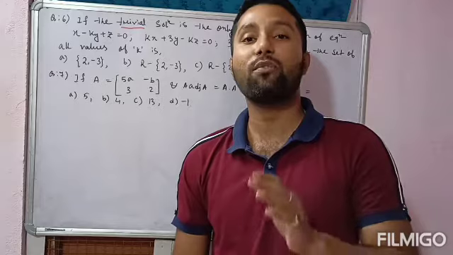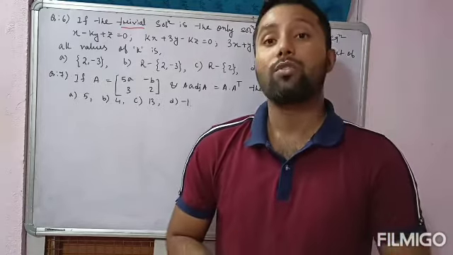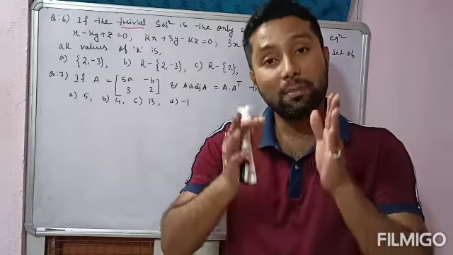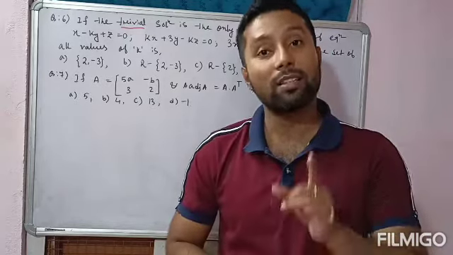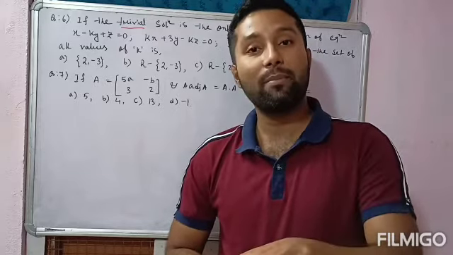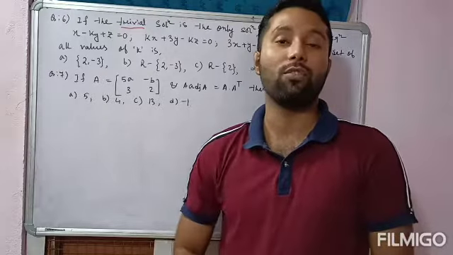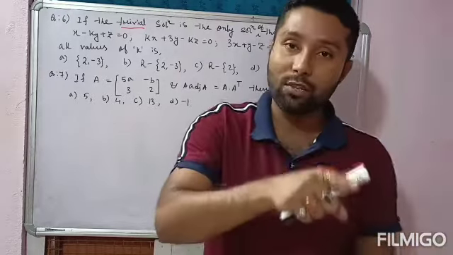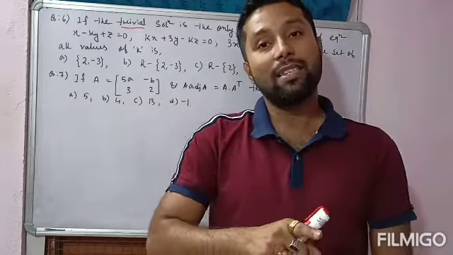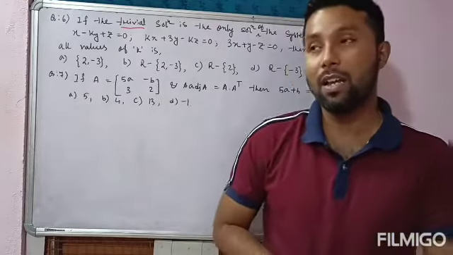If the determinant of A is not equal to 0, then it is called a non-singular matrix. So trivial means the determinant of that matrix is not equal to 0, whereas non-trivial means the determinant of that matrix is equal to 0. Non-trivial means singular, trivial means non-singular. Okay? Remembering it this way will be better.